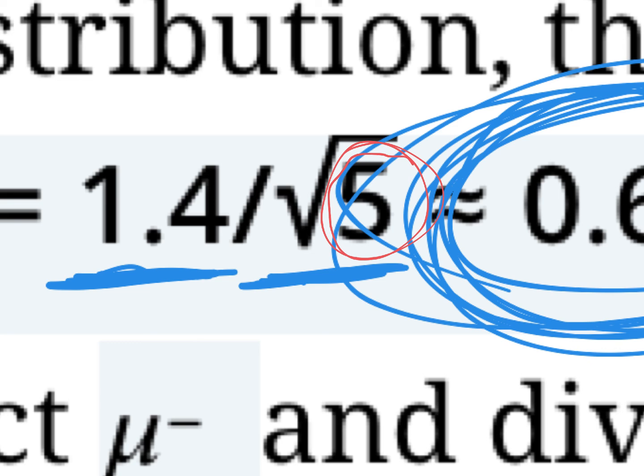Anybody remember what the n had to be equal or greater to? 30. So this is not the central limit theorem. But it's still what? Normal. If it's still normal, you can do it. But as this n gets larger, the more normal it gets, and once it hits 30 and more, the central limit theorem takes over, and it says it's going to be normal. All right?